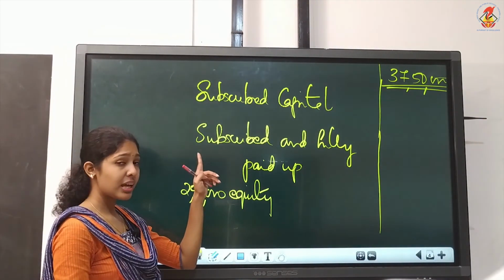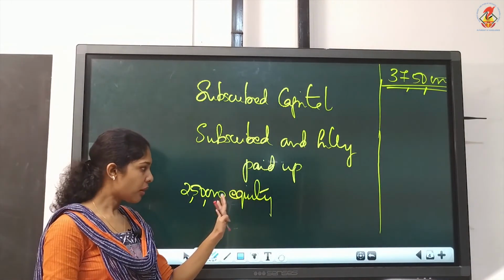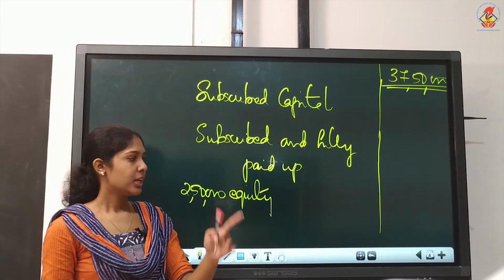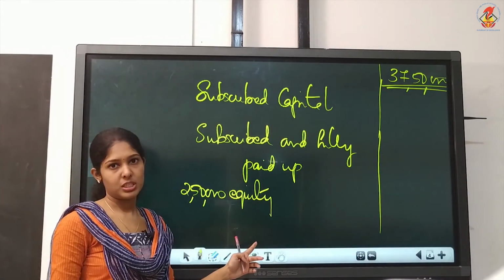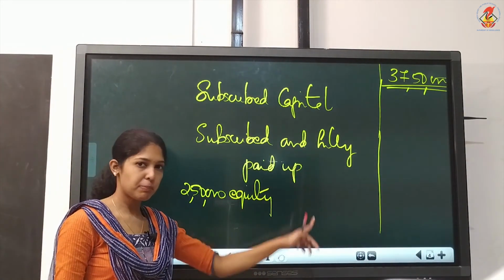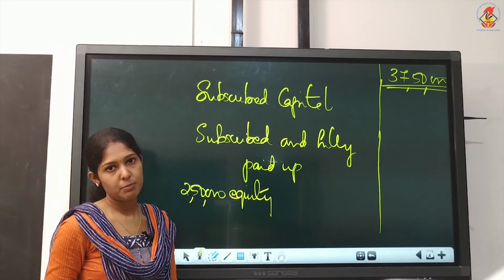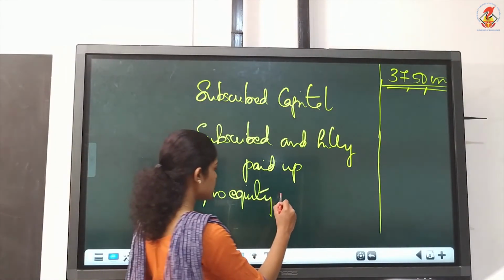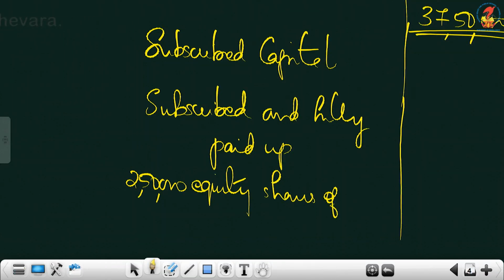So subscribed and fully paid up, 2,50,000 equity shares of rupees 10 each. So 25 lakhs.